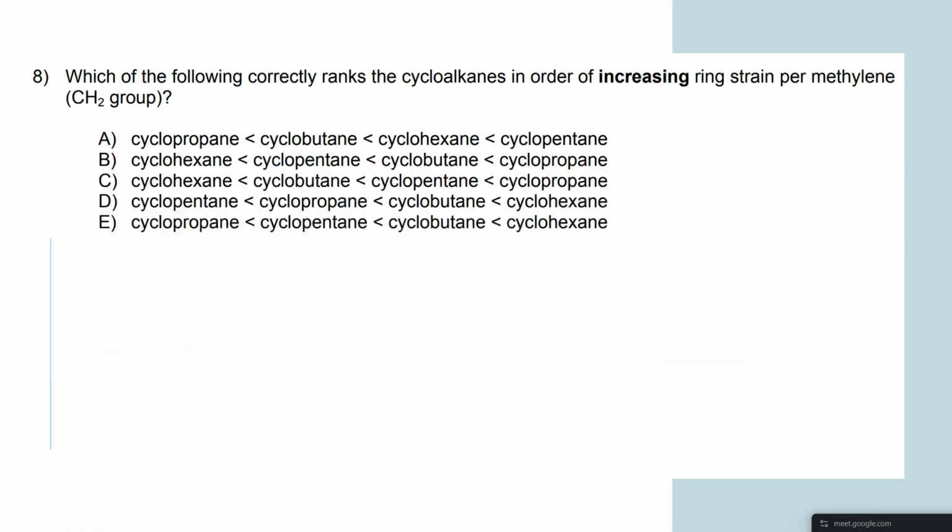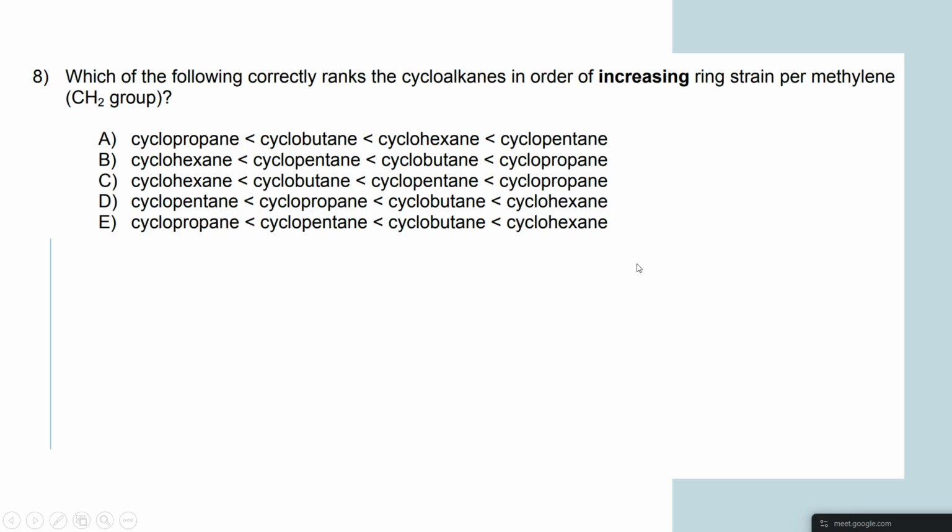After that, now we will talk about possible angle strain in cyclic hydrocarbons. This question is about which of the following correctly ranks the cycloalkanes in order of increasing ring strain per methylene group.